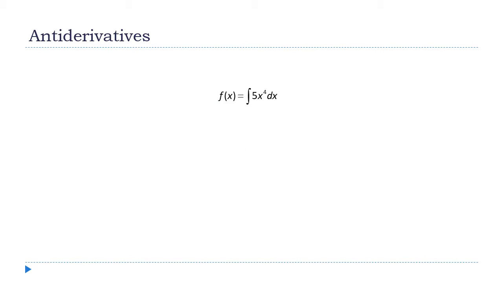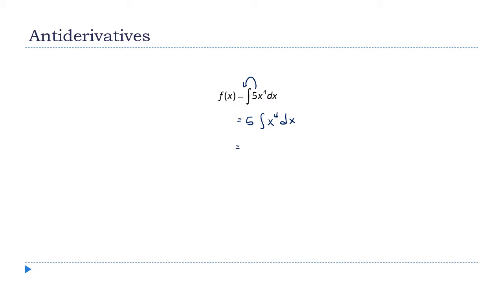I want to know what the integral of 5x to the 4th dx is. Well, first thing I'm going to do is use my first rule from the previous slide. I'm going to bring this 5 out in front so I don't have to worry about it. This is 5 times the integral of x to the 4th dx. And now I know what to do, I've got the integral of a monomial.